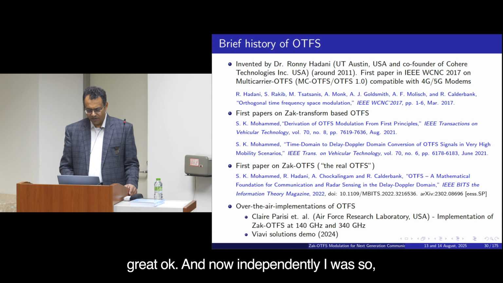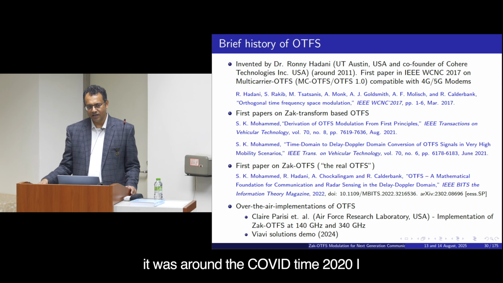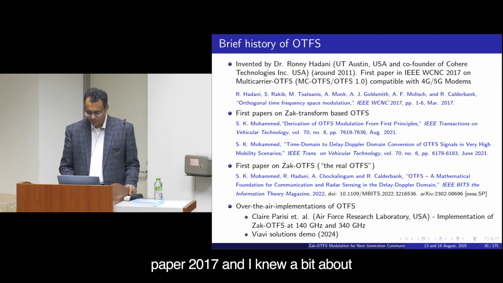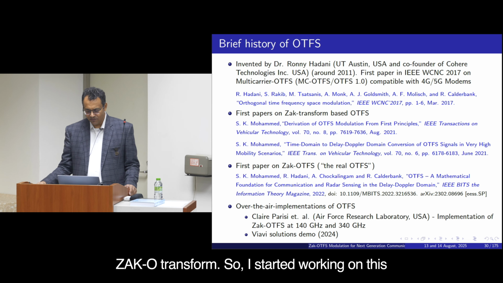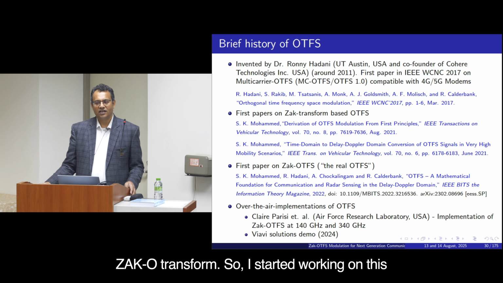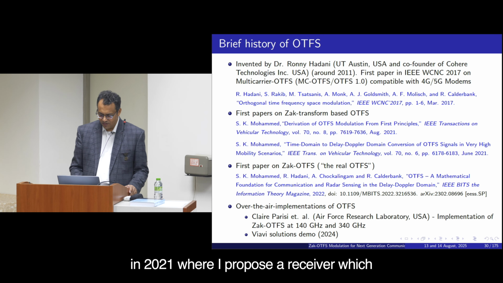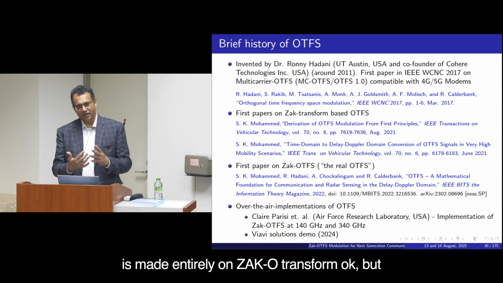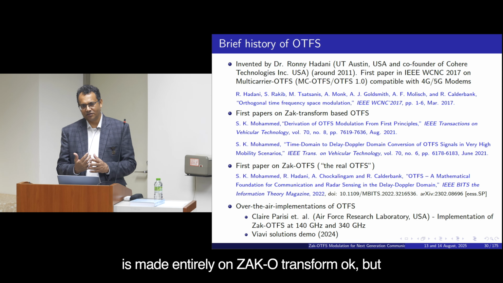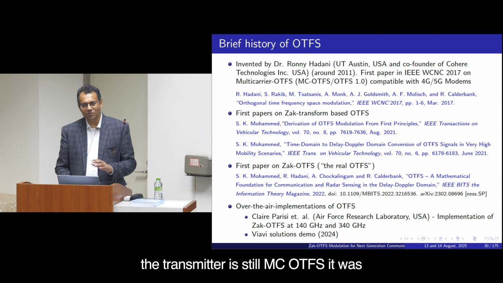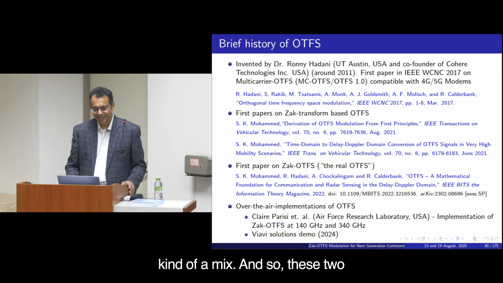Independently, around the COVID time, 2020, I got some time, and I had seen the 2017 paper and knew a bit about the Zak transform. So I started working on this. You will see my paper in 2021 where I propose a receiver made entirely on the Zak transform, but the transmitter is still MC-OTFS, so it was kind of a mix.